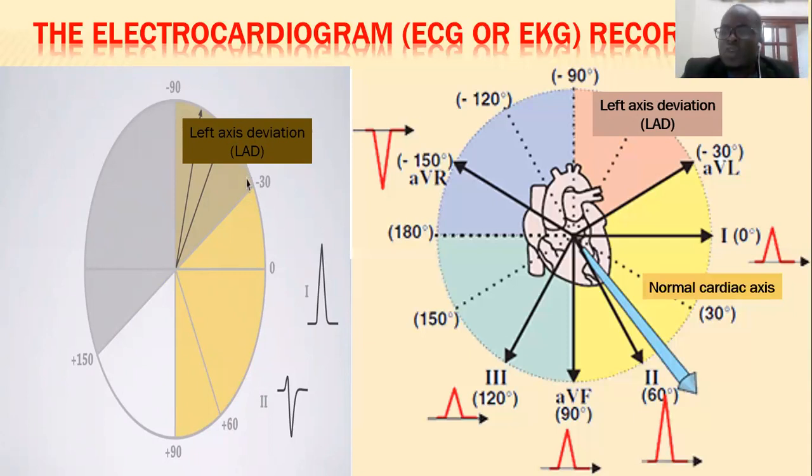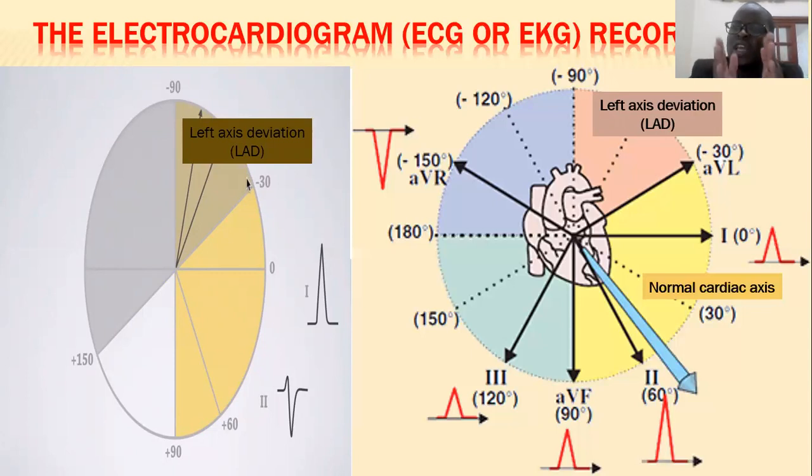For instance, left ventricular hypertrophy can result in left axis deviation, meaning that you are going to have a positive wave in lead 1, but a negative wave in lead 2. Why?